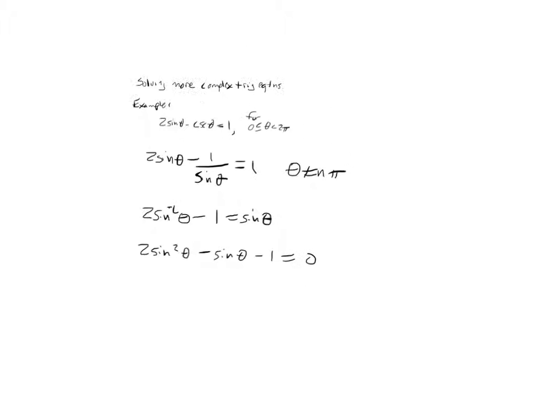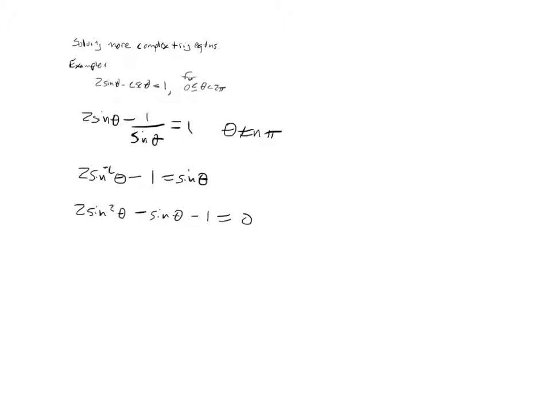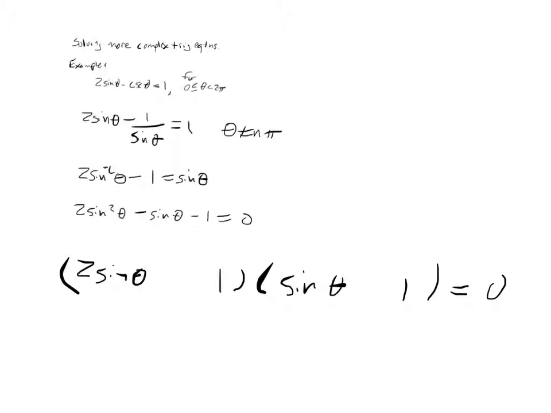And at that point, then I can say, well, let me factor this. 2 sine theta, sine theta, equals 0. My only factors of 1 are 1 and 1. And I need to get a negative sine theta out, so that's going to be negative. That's going to be positive.